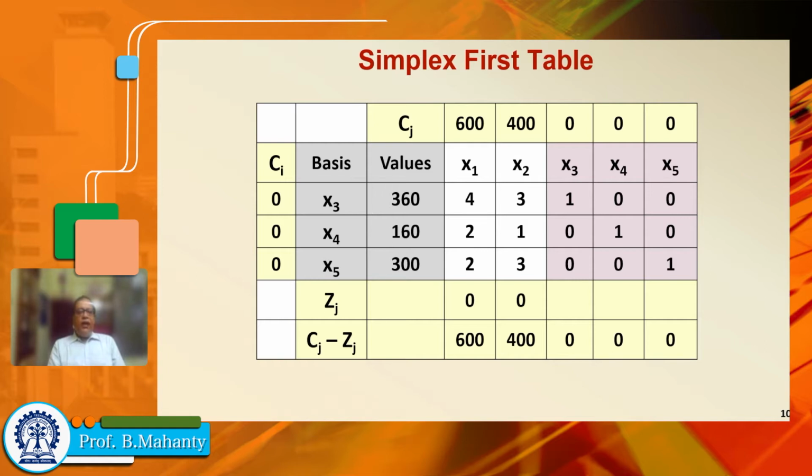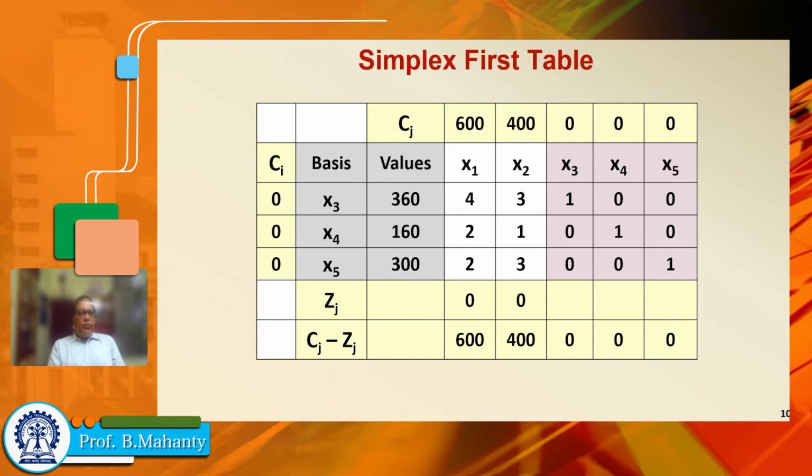Now, what are the profit coefficient values of the different variables? x1 is 600, x2 is 400, x3 is 0, x4 is 0, and x5 is also 0. Right. So these are the Cj values, and Ci values are also written there for the variables in the basis. So as you know, resources at all times do not have any profit coefficient values. They are not part of the objective function, so their values are 0.